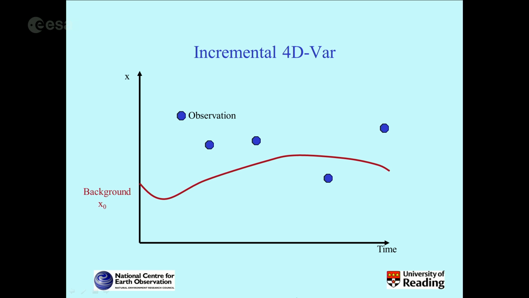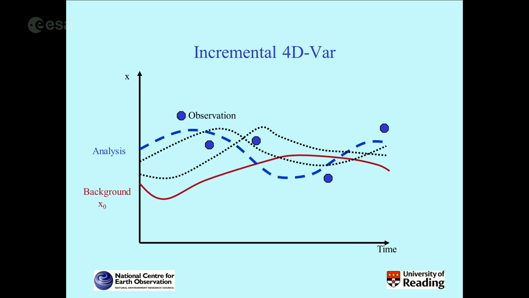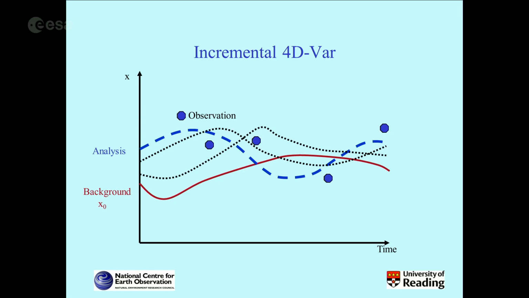Instead of just doing one solution to try and find the best trajectory through the observations, we say, let's linearize around this background and try and find a small increment such that we get something better within a linear approximation. Then we'll linearize around this new trajectory and find something slightly better, and then linearize about the new trajectory until we get the final analysis. This is what is known as the incremental version of 4D-Var.